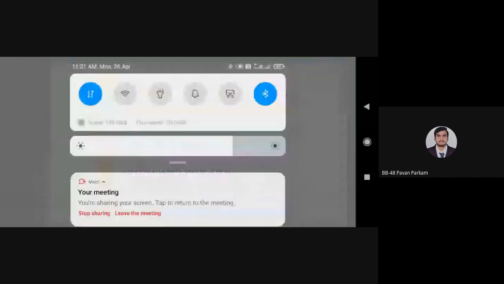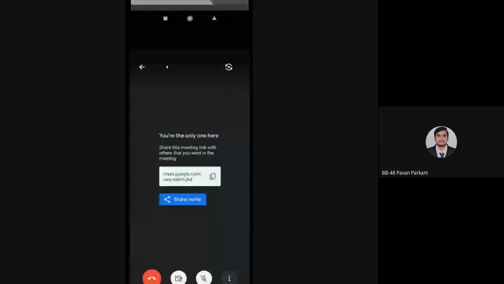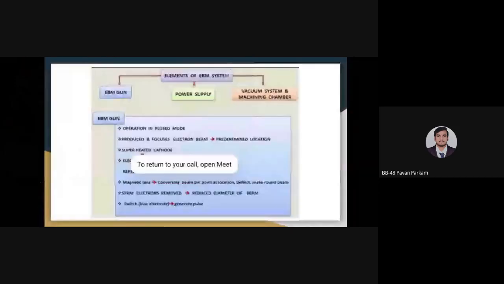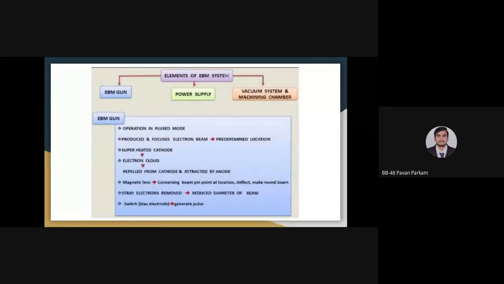Then it passes through the magnetic lens as usual. When passing through the magnetic lens, a convergent beam pinpointed at a localized location can be generated, so all the scattered electrons are concentrated at a localized area.